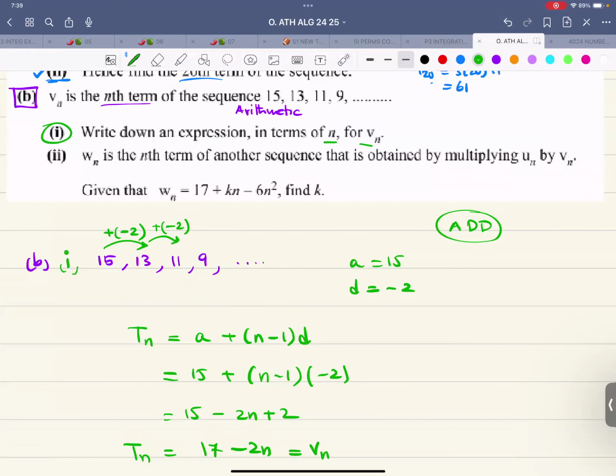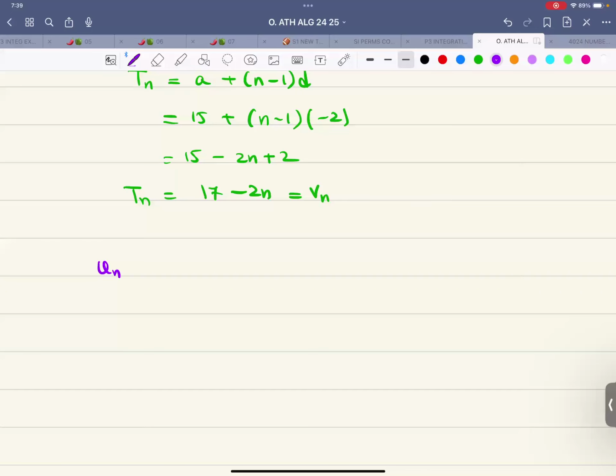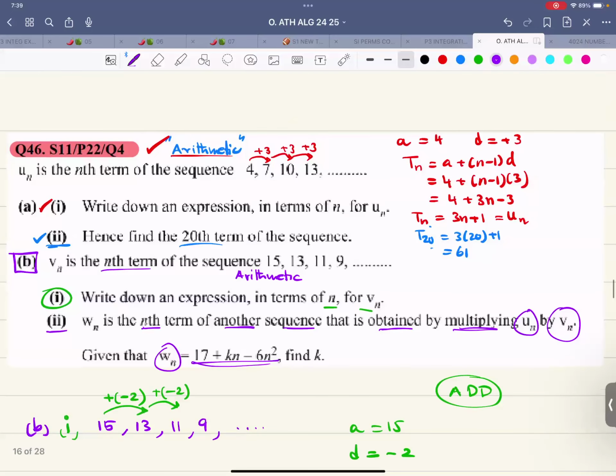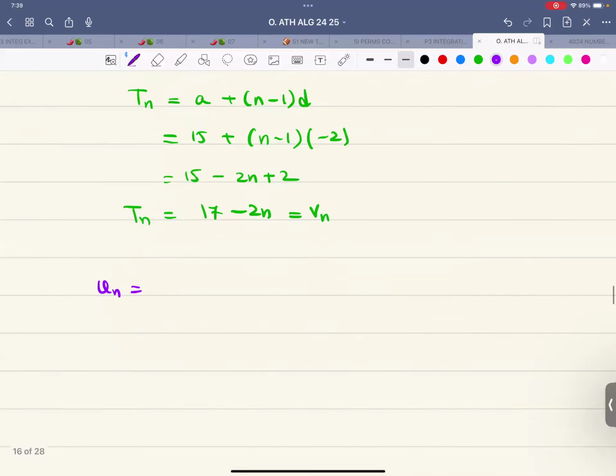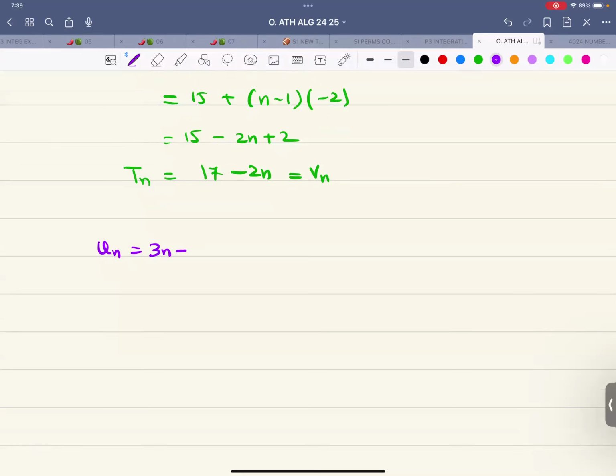That is done. Now it says Wn is the nth term of another sequence that is obtained by multiplying Un by Vn. Given that Wn is this, find k. So now we have Un, that is 3n plus 1, and Vn, which is 17 minus 2n.